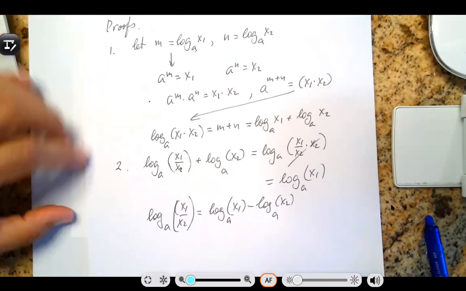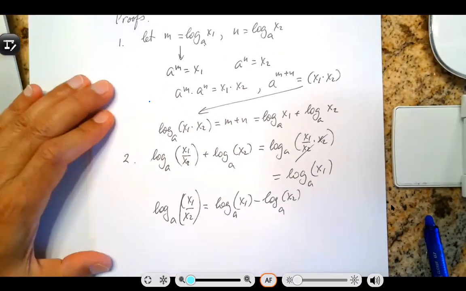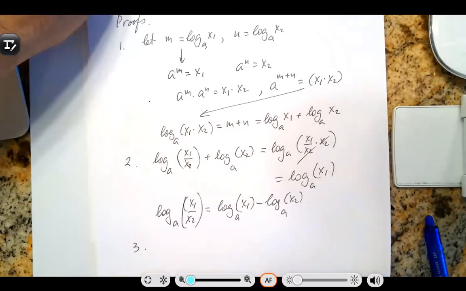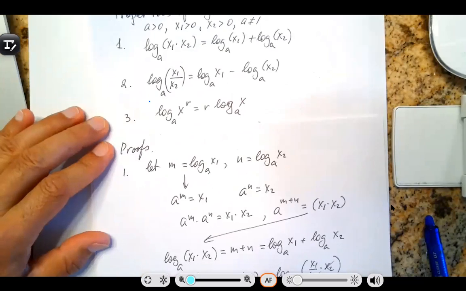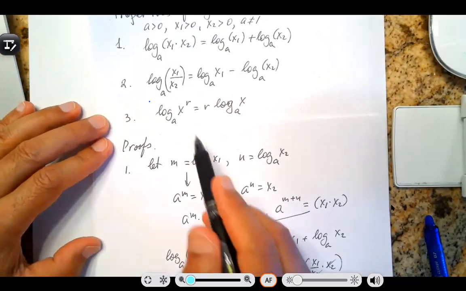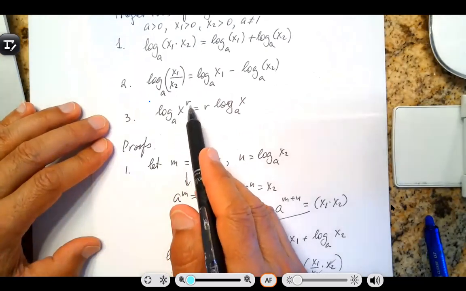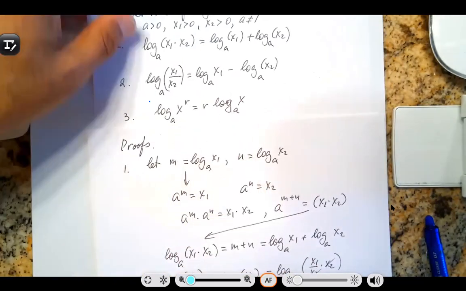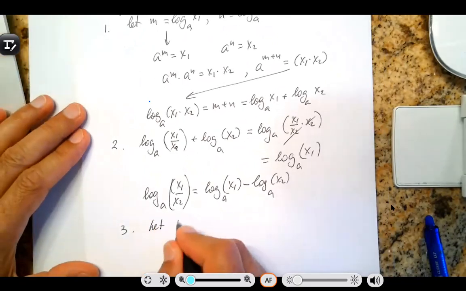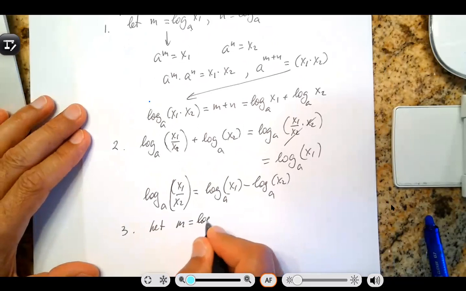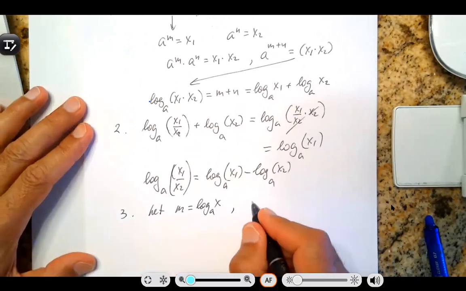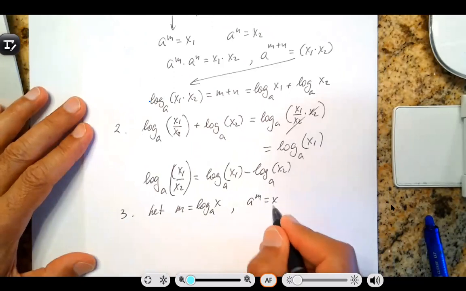Number 3, very similar. Let's prove it. Here's number 3. Logarithm x to the r jumps in front of it. So let m equal logarithm x base a. Then it means a to the m equals x.